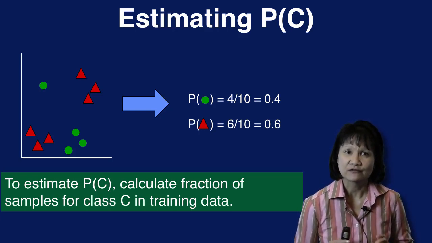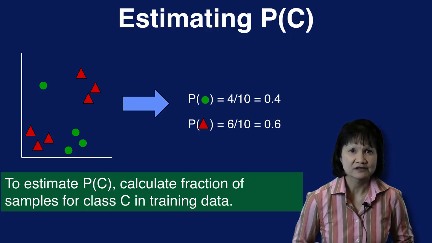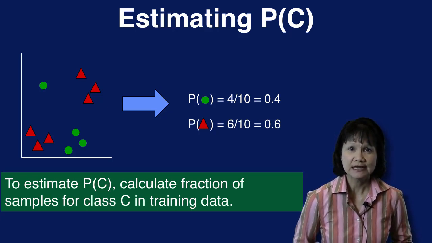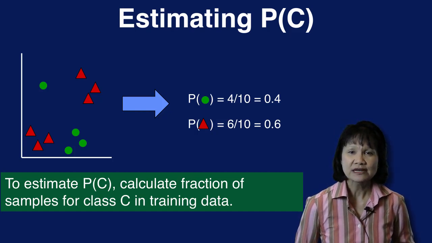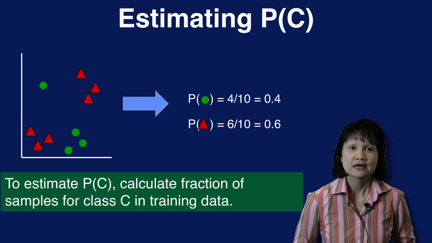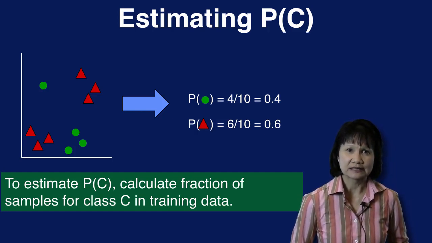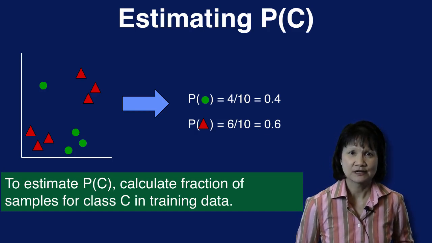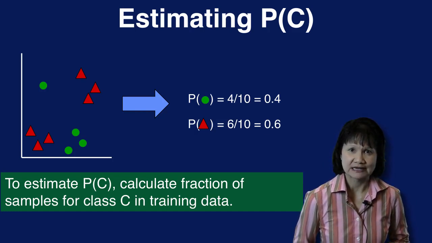So probability of green circle is 4 out of 10, or 0.4. Similarly, the fraction of samples labeled as red triangles is 6 out of 10, or 0.6. So estimating the prior probabilities is a simple count of number of samples with each class label, divided by the total number of samples in the training data set.